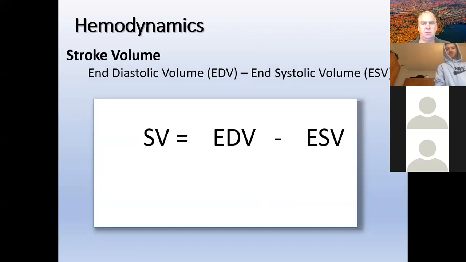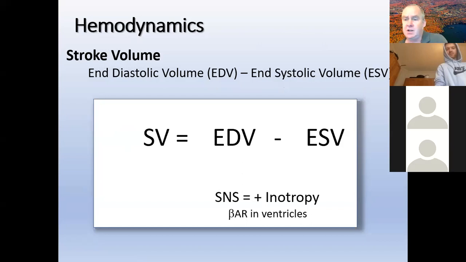Okay, what else do we have? We've got end systolic volume. What's going to control your end systolic volume? One thing that's going to control that is the contractility of the heart. So the sympathetic nervous system mainly is innervating the ventricle, and sympathetic nervous system causes a positive inotropy. Positive inotropy will decrease your end systolic volume.